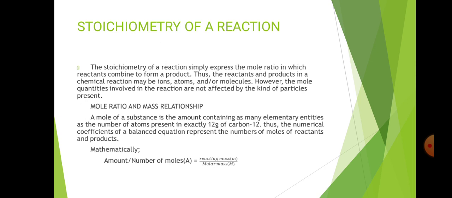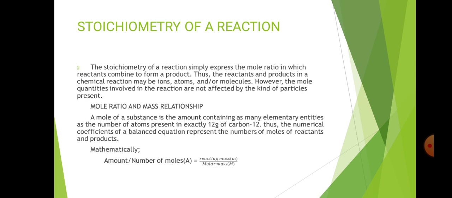Let's talk about mole ratio and mass relationship. What is a mole? Recall, we said that a mole can be defined as the amount containing as many elementary entities as the number of atoms present in exactly 12 grams of carbon-12 isotope. Thus, the numeric coefficient of a balanced equation represents the numbers of moles of reactants and products.